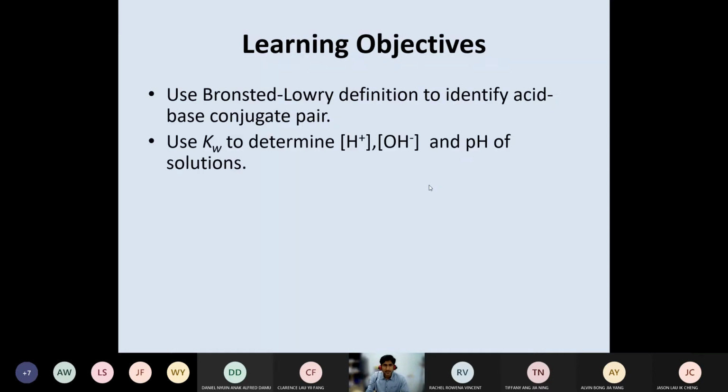Then we will be determining the Kw, the water dissociation constant, to determine the hydrogen ion and hydroxyl ion. From an acid we know there will be hydrogen ion, and if there is a base there will be hydroxyl ion.